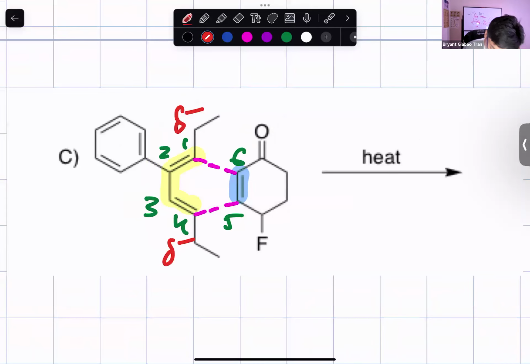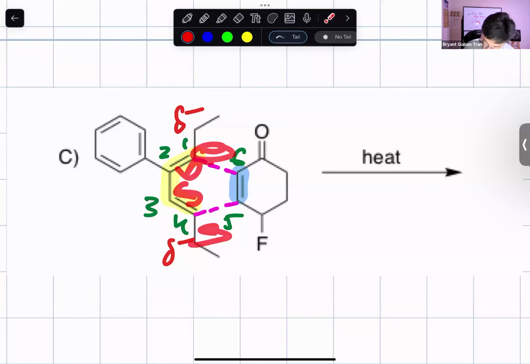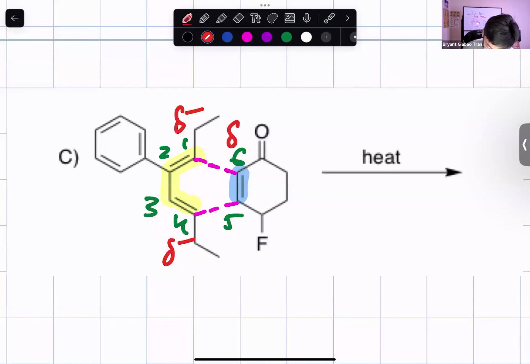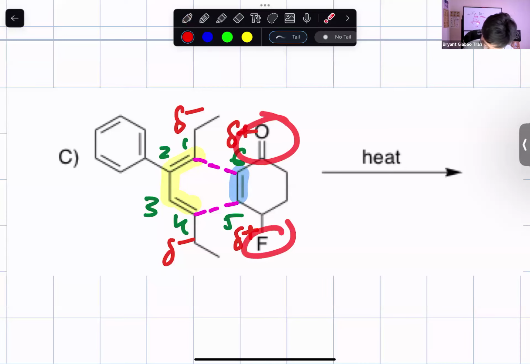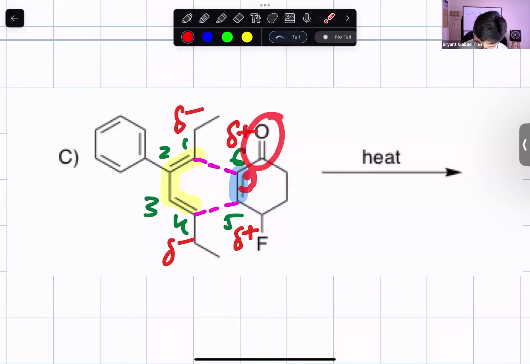Because if we imagine them to have negative charges, like lone pairs of electrons, if this were to donate electrons into the system like this, there's going to be a negative charge here. If we donate electrons into here, there's going to be a negative charge there. So there's negative charges on both carbons here, right? There's also going to be partial positive charges on both carbons on a dienophile because these are two EWGs right here, right? But this one is going to be a stronger EWG because it's actually withdrawing electrons by resonance. But this one here is withdrawing electrons by induction, right?